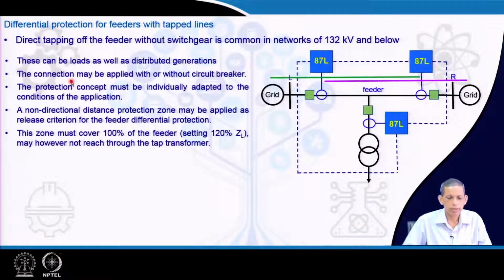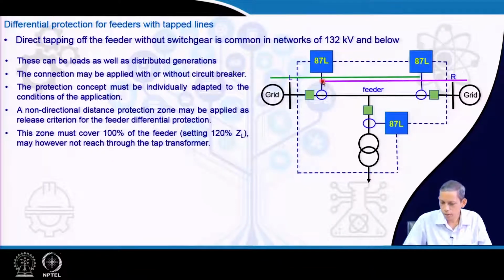So, the connection may be applied with or without breakers. At this point, the protection concept must be individually adapted to the different situations. It is one tapped line; there can be multiple tapped lines also. What is being done is that non-directional distance protections cover 120%.